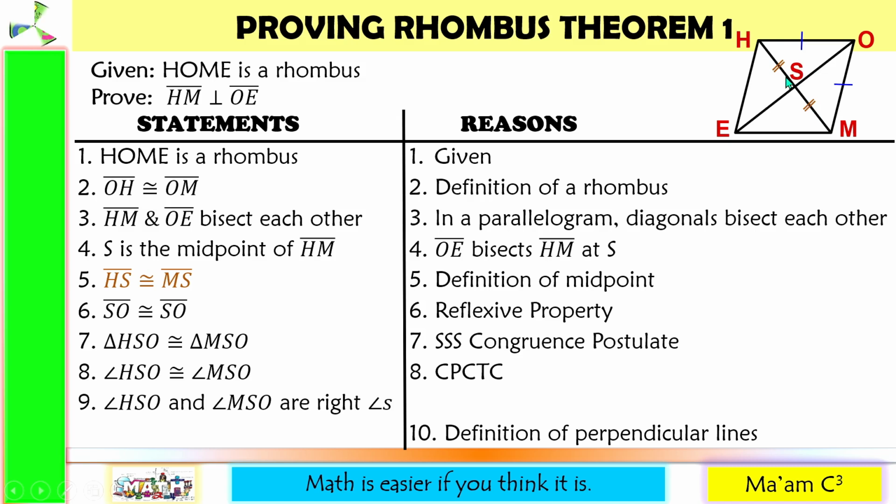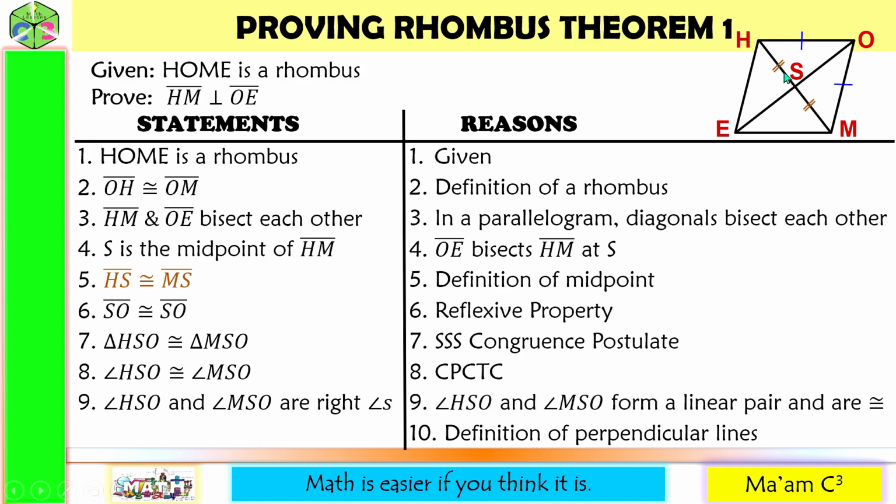So if their measures are congruent and should sum up to 180 degrees, it tells me that each angle measures 90 degrees, which is right angle. So that is our reason: because angle HSO and angle MSO form a linear pair and they are congruent.